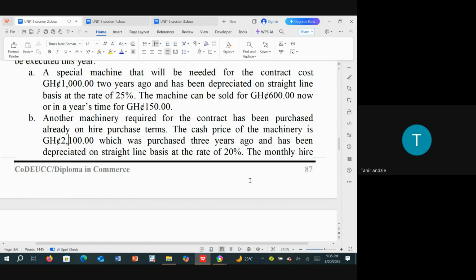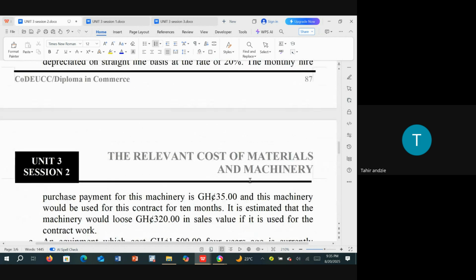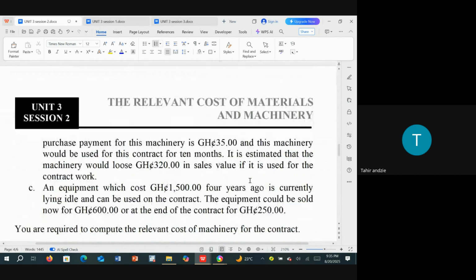The monthly hire purchase payment is 35, and the machine is depreciated at 20%. But it is estimated that the machinery will lose 320 in sale value if it is used for this contract. What is the relevant cost?